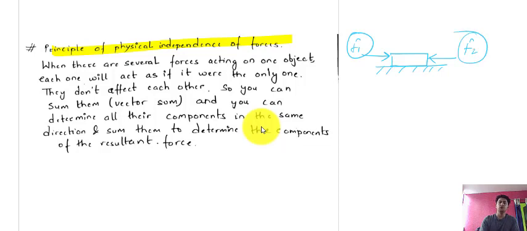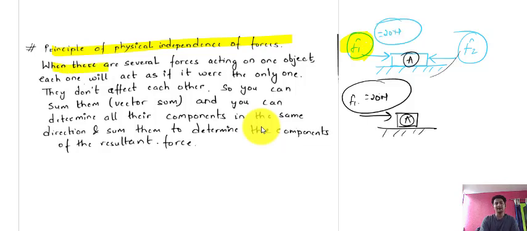Now this force that I am talking about, the F1 force. Now this force will think that when there are several forces acting on an object, each one will act as if it is the only one acting. They don't affect each other.